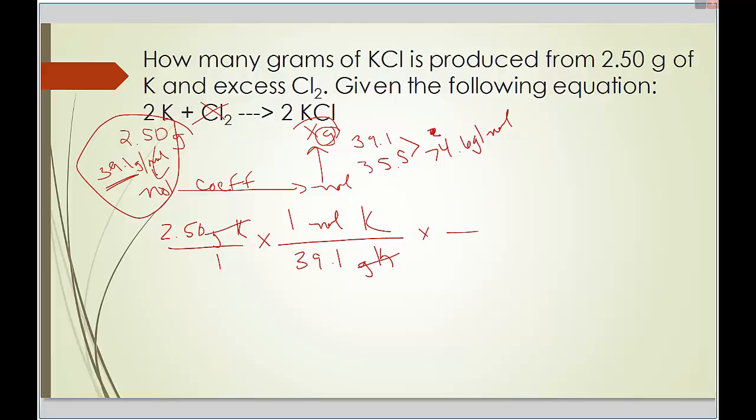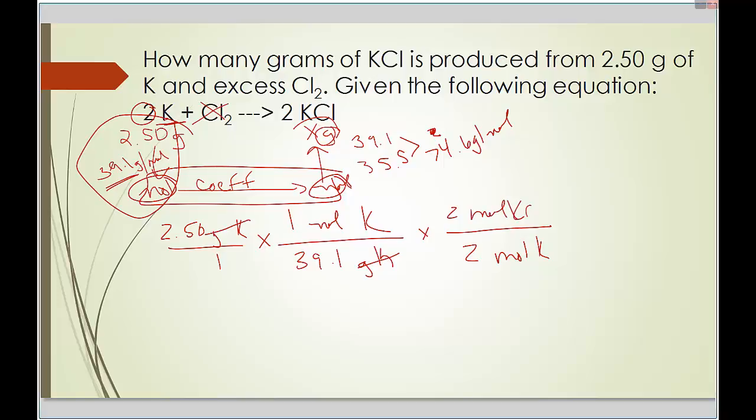We're going from here to here. In order to do that, we're going to use coefficients. So look for K. The 2 is in front of it. We're going to KCl, 2 moles KCl. The moles of potassium cancel out. We are here now, and we're trying to get to grams of KCl.